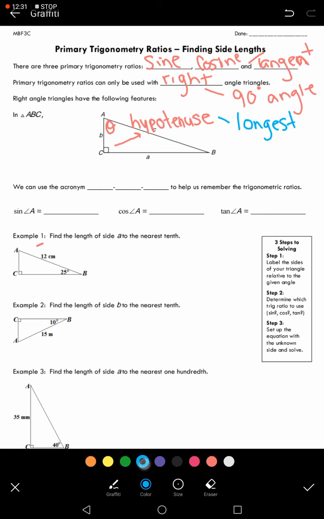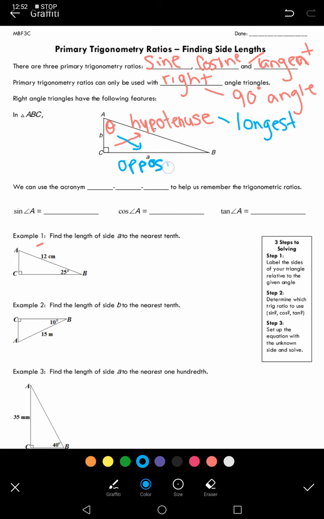Once we know where our reference point is, we can label that opposite and adjacent. So opposite, just as it says, is going to be opposite of the angle we're looking at. So if I draw a straight line across from the angle I'm looking at, it is going to point at that opposite side.